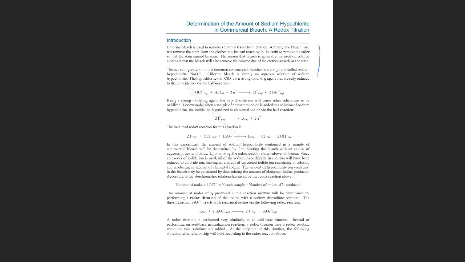We will have a burette filled with our titrant, whose concentration we know, and we are going to drop our titrant into our analyte here, which is 25 ml of bleach plus excess of potassium iodide plus sulfuric acid.